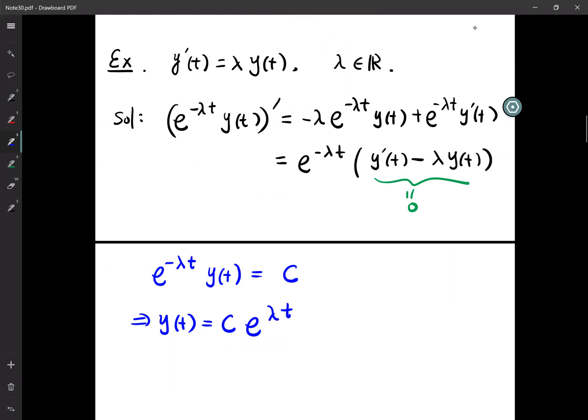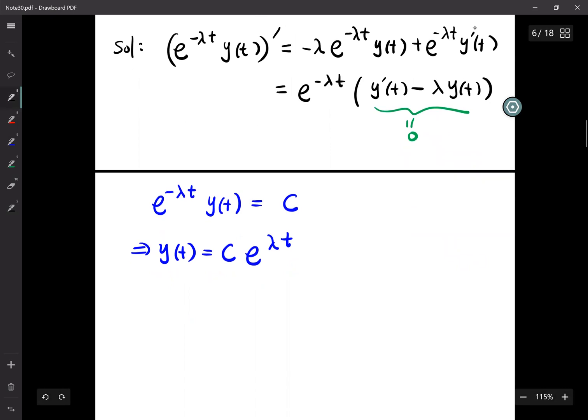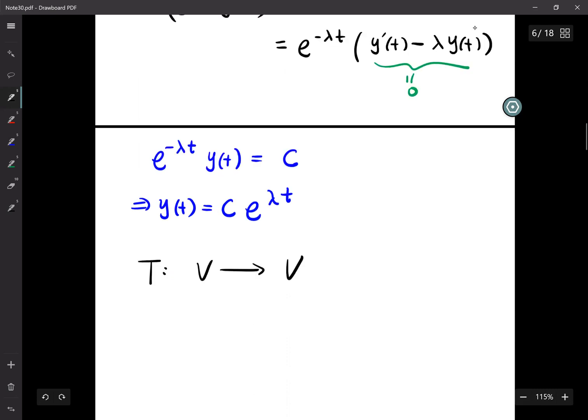This allows us to solve the problem: y(t) equals c exponential lambda t. So for every lambda, actually not only lambdas in R, if lambda is a complex number, that still works. What is this doing? If you consider this more abstract setting from V to V, mapping any function y(t) to its derivative, then what we're talking about here is the eigenvalue problem.